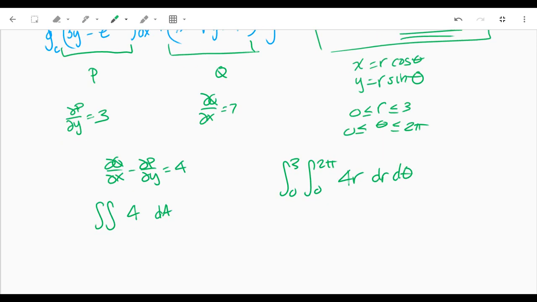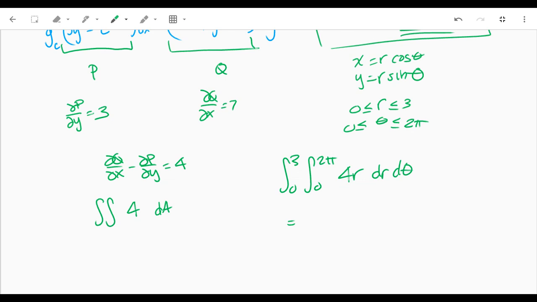Okay, so then we have 4r squared over 2, so 2r squared, evaluated from r equals 0 to r equals 2 pi. Oops, I mixed up my r's and my thetas. Let me fix that.